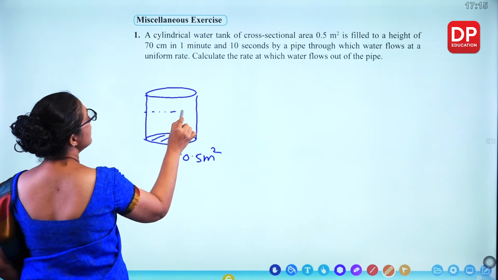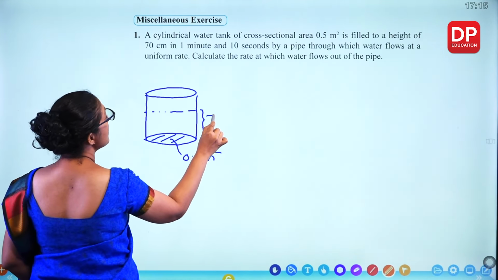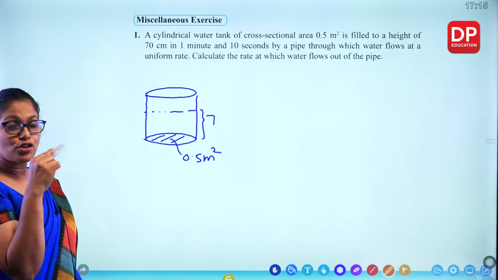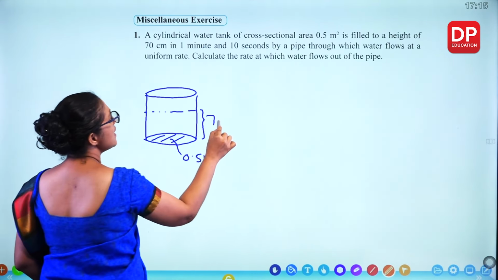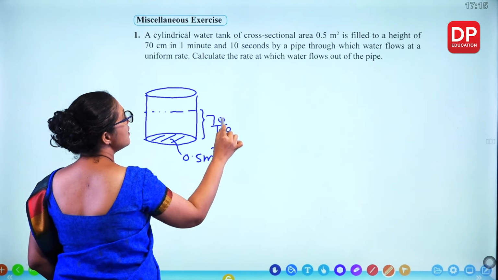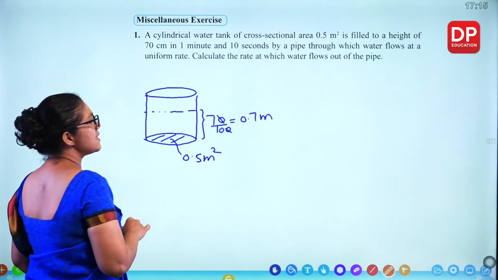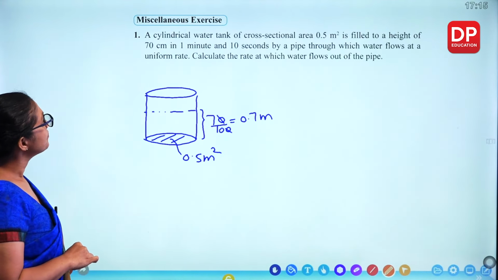It is filled to a height of 70 centimeters. Now we need to convert to meters. 70 divided by 100, or we can write 0.7 meters for the height.